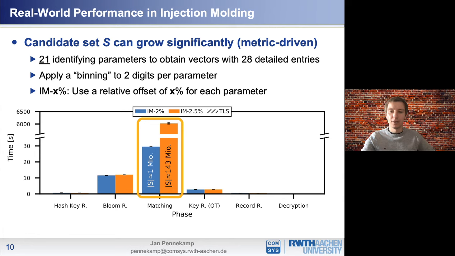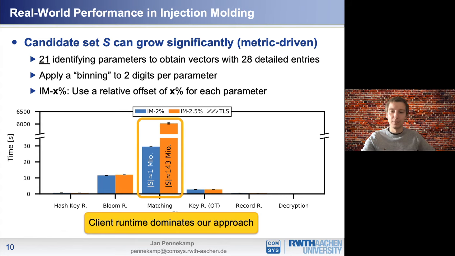However, this also concludes in under 2 hours. So this is definitely scalable, and even larger offsets or different similarity metrics seem feasible. Again, the conclusion is that the client runtime dominates our approach. So overall, it does not burden the exchange platform itself.